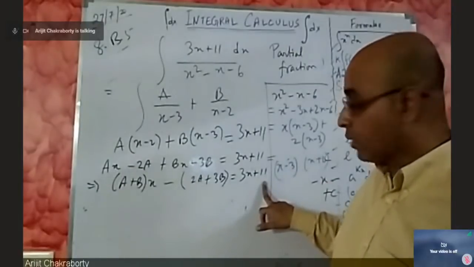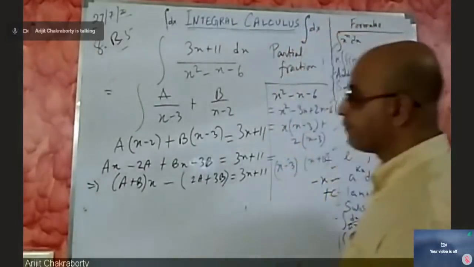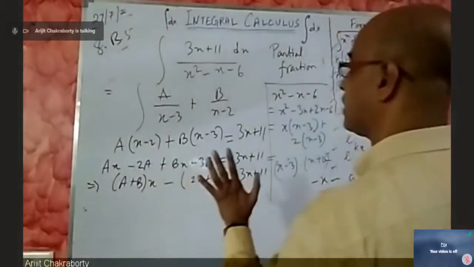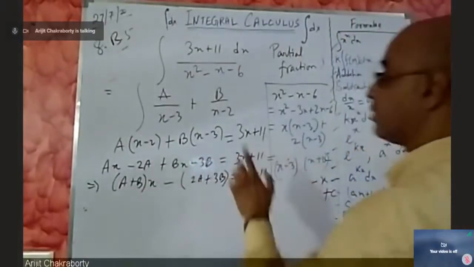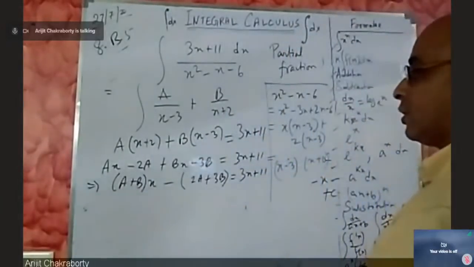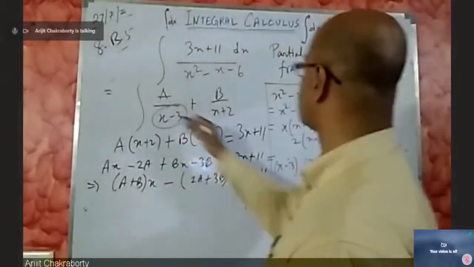Once again, if you break it up, what am I getting? Let me see whether we have done it correctly. We have x plus 2, sorry, x plus 2 here, and x minus 3.